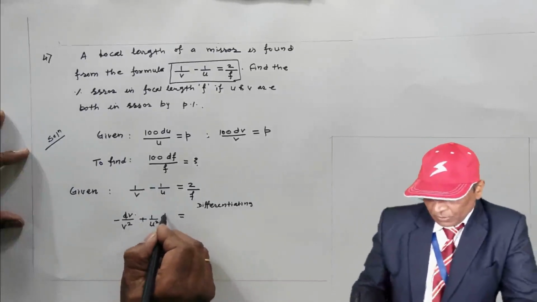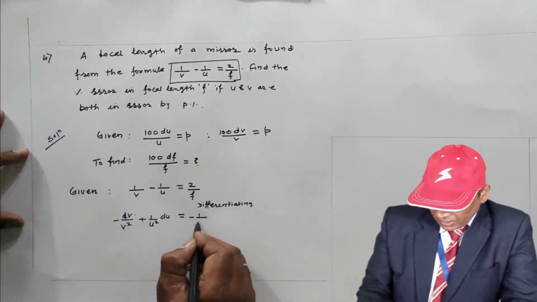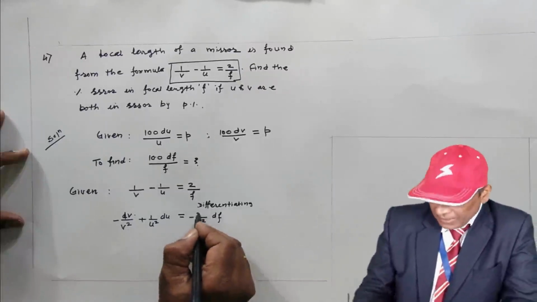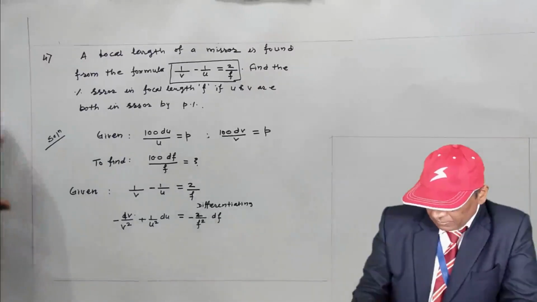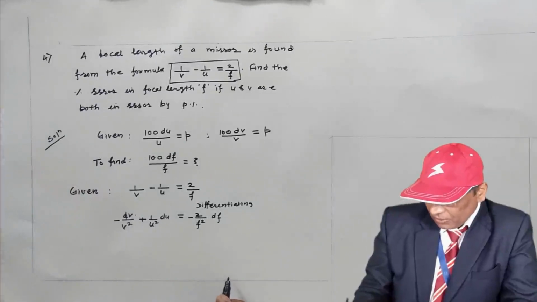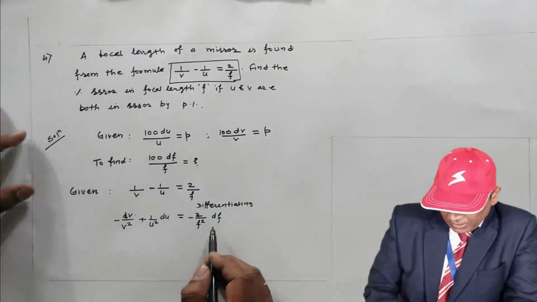Now we want the percentage error in F. We want the percentage error in F. Is it? So what I am going to do, I am multiplying it by minus sign. Multiply by minus 1. Okay, just I am going to simplify it. See, in this way I am writing.